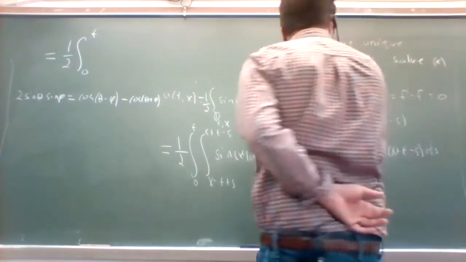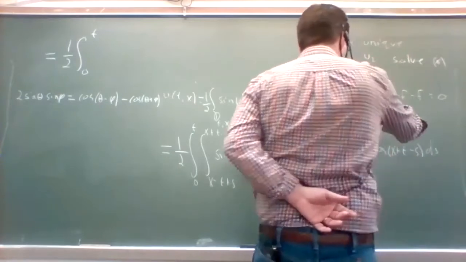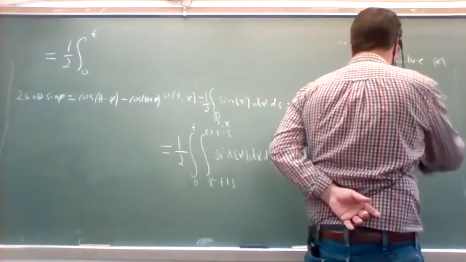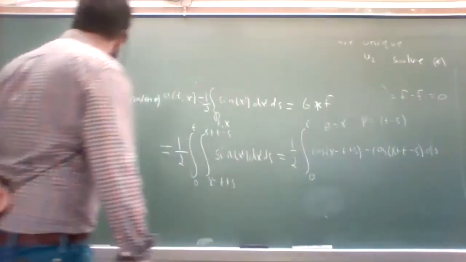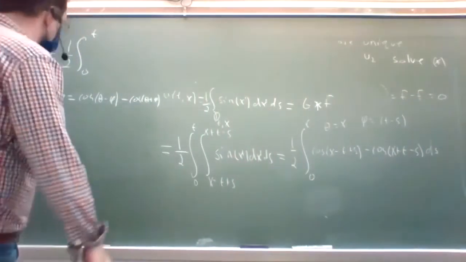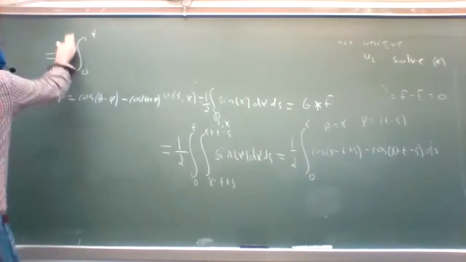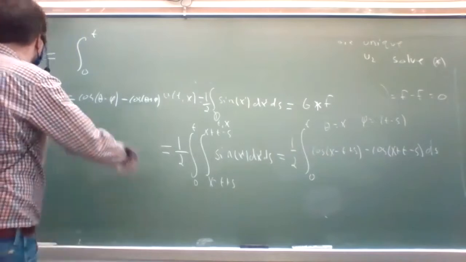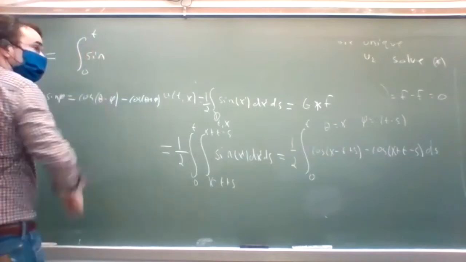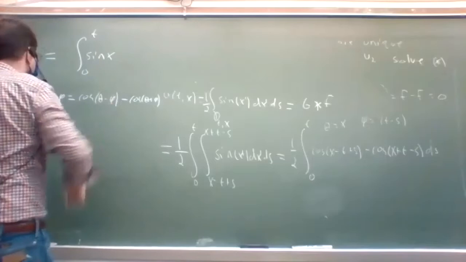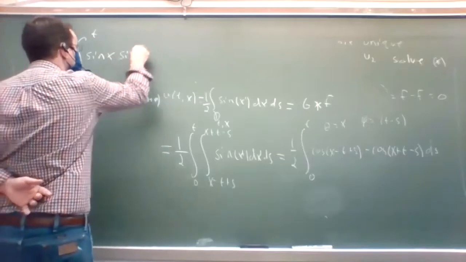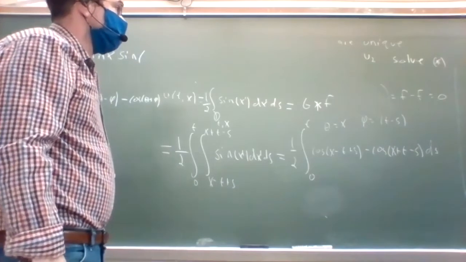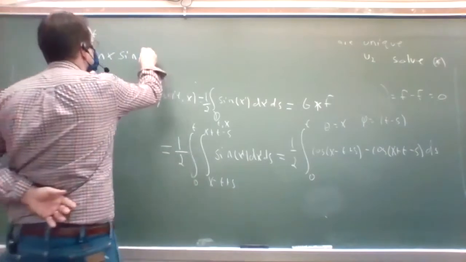So yeah, this gives me theta minus phi, and this gives me theta plus phi. All right, so that sounds good. And so the 2's will cancel, and I'll be left with sine of x times sine of t minus s.